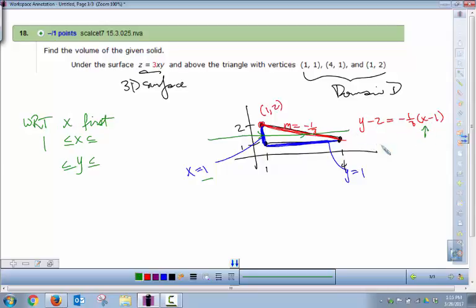So that would be negative 3y plus 6 equals x minus 1, and then add 1, so that's 5. Is that correct? 7? Is that good now? So I'll write x is equal to 7 minus 3y.